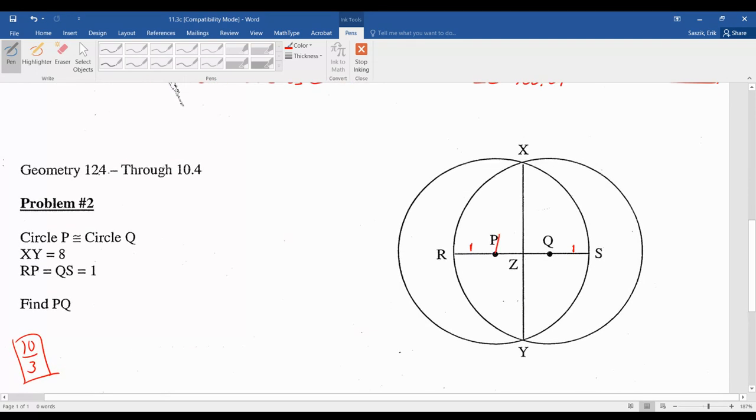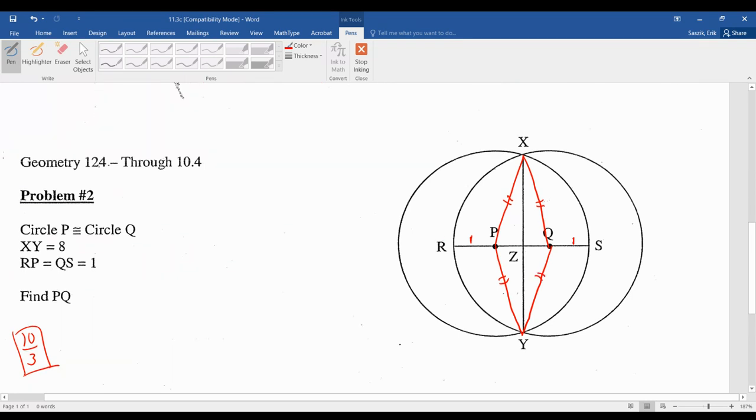So if I draw in that, remember the circles are congruent. So all 4 of these segments that I just drew in are going to be congruent. Okay. Now, the secret here, I hope you realize, we talked about this before.